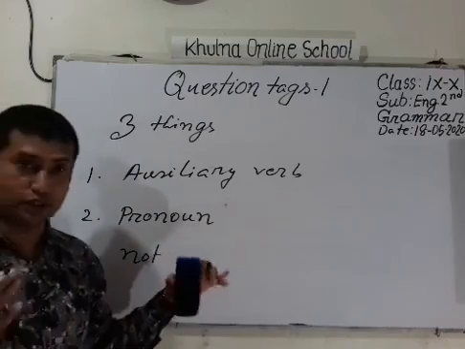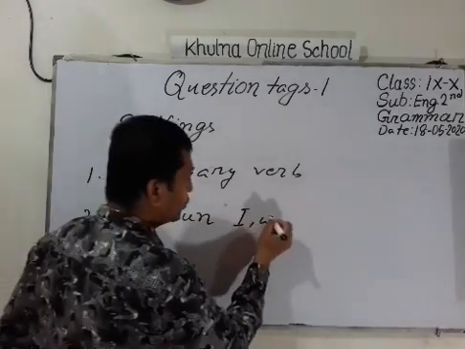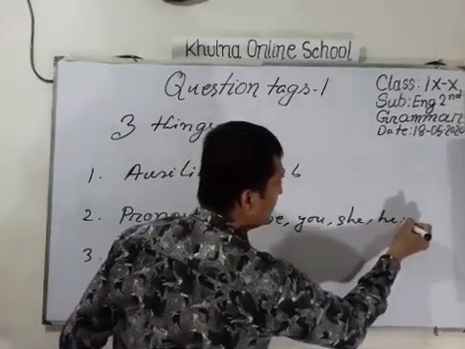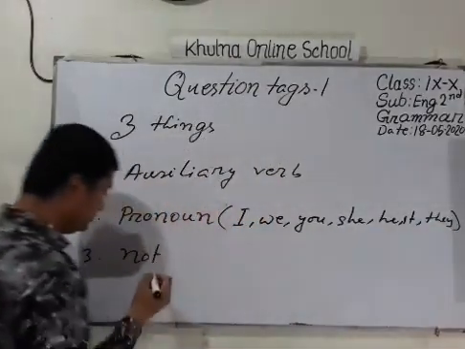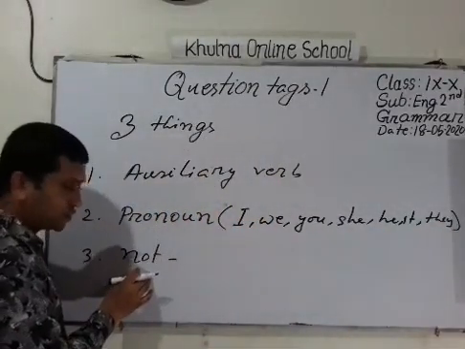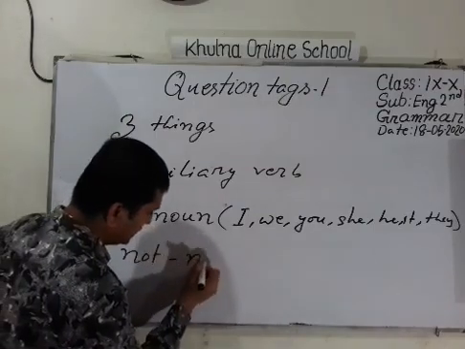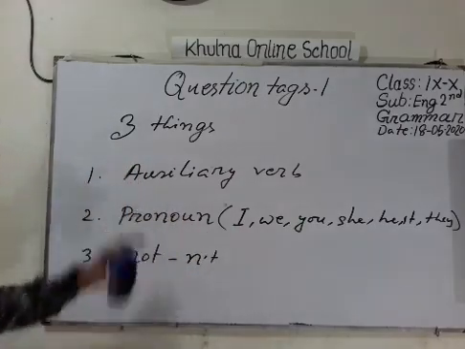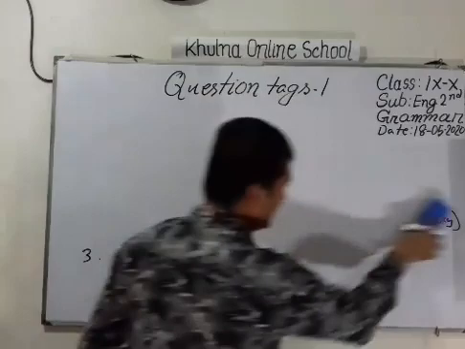Always use a personal subject pronoun. For example, I, we, you, he, she, it, they, all these are subject pronouns. Okay, and then use the short contracted form. This is not, and if it is shortened, it is just n't. Okay, you need three things if you want to make any question tag.